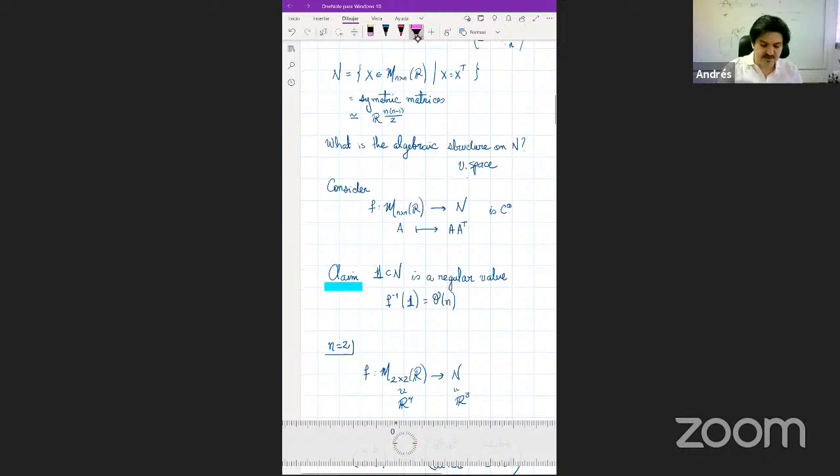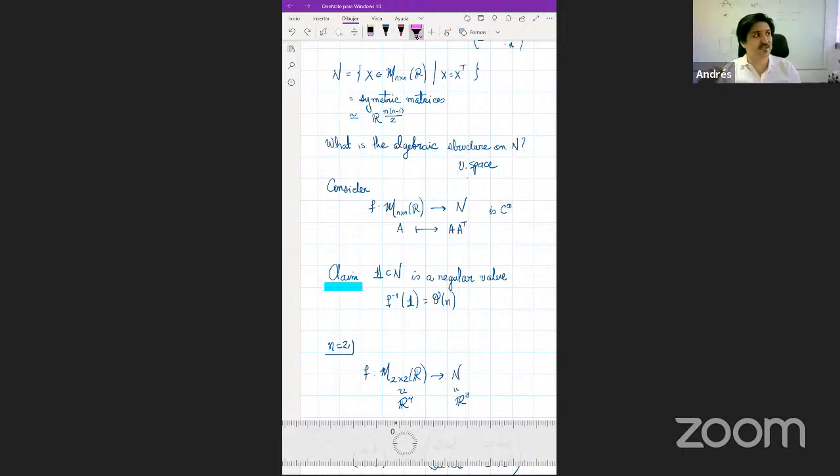Up here, when n equals 2, I don't get 3. What am I doing wrong? Oh, maybe you said it correctly and I wrote it wrong.